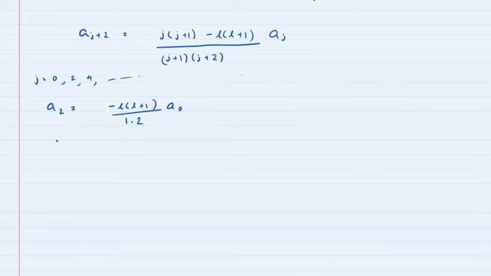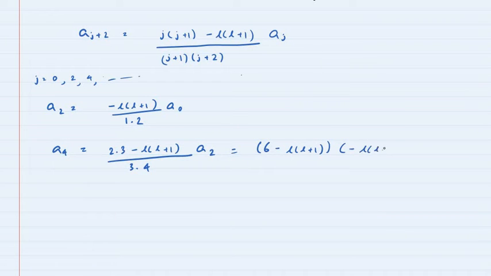When j is equal to 2, I get a4 is equal to 2 times 3 minus L times L plus 1 divided by 3 times 4 times a2, which is equal to 6 minus L times L plus 1 multiplied by minus L times L plus 1 divided by 4 factorial multiplied by a0.